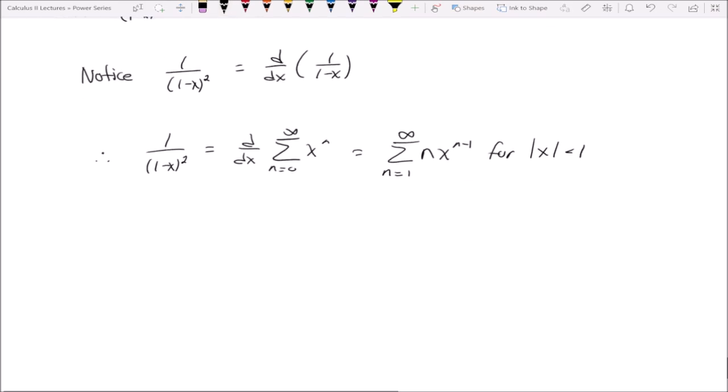We can rewrite this to be n equals 0 to infinity of n plus 1 times x to the n. Right? So we can shift our index if we like. So either one of these would be acceptable.